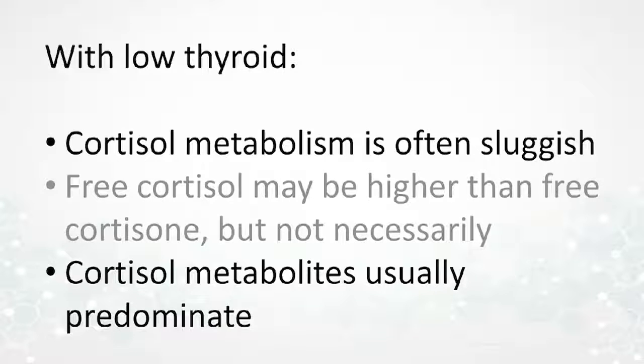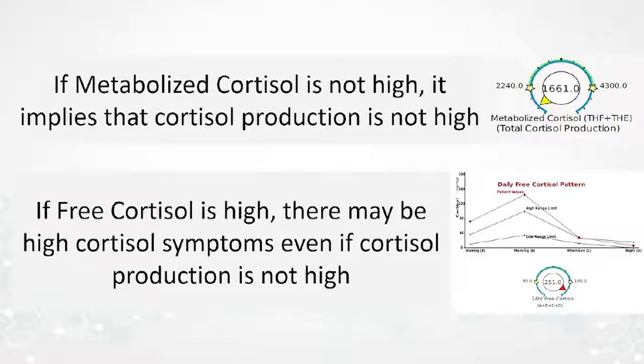And you may also see, as you look at the bottom there and look at which metabolites are predominating, that there is a predominance of the cortisol over the cortisone, which again is this picture of making a little bit of cortisol. That's what the metabolites tell us. How much did we make? But then not being able to get rid of it either to cortisone or downstream to those cortisol metabolites for excretion. That would be one particular situation.